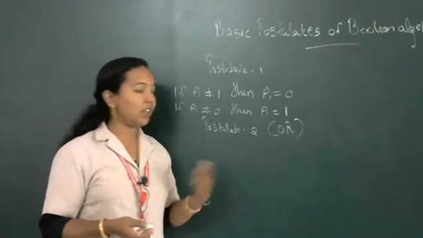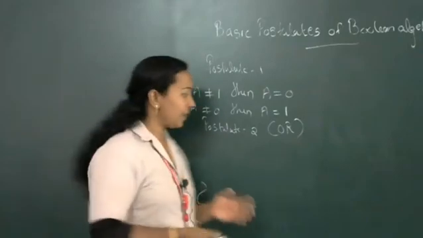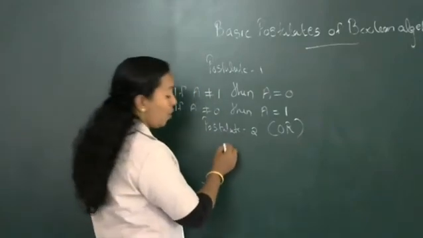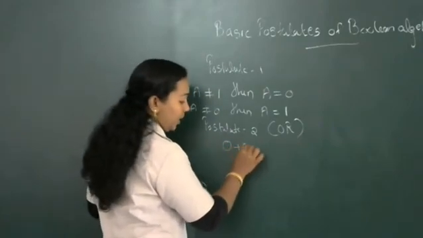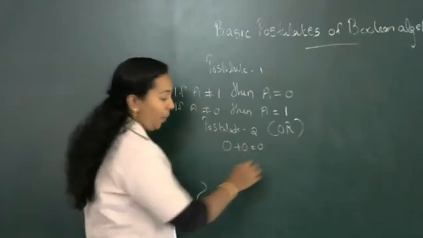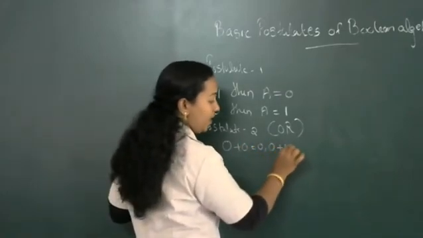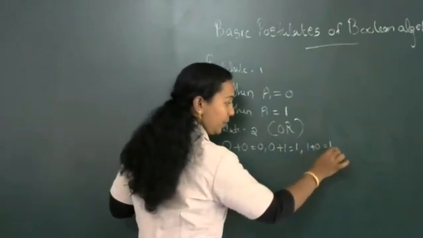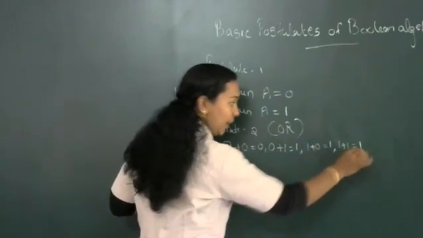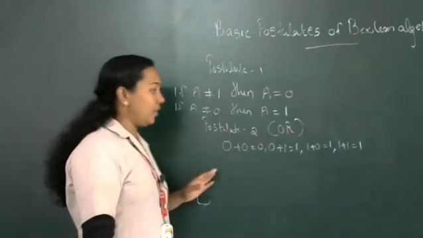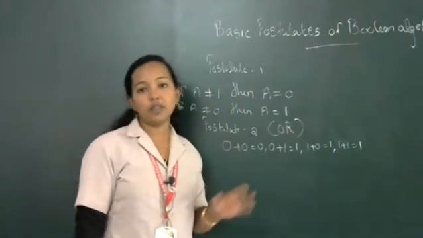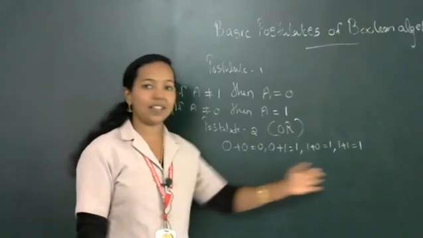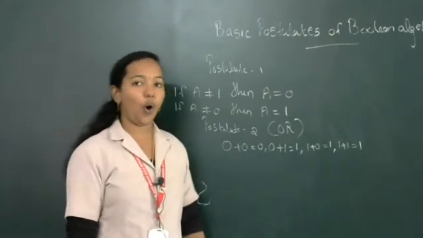What will be the rules for the OR operation? 0 plus 0 is equal to 0. 0 plus 1 is equal to 1. 1 plus 0 is equal to 1 and 1 plus 1 is equal to 1. These are the basic rules for the OR operation. This is the entire truth table of the OR gate.